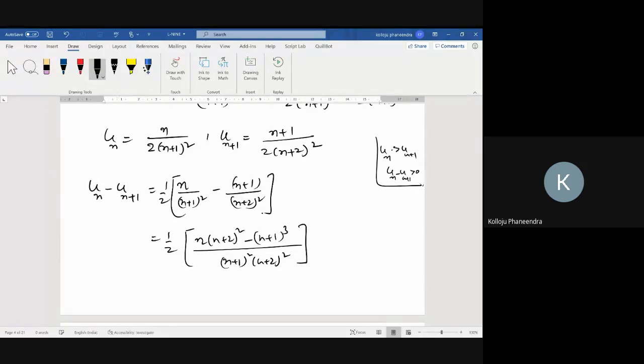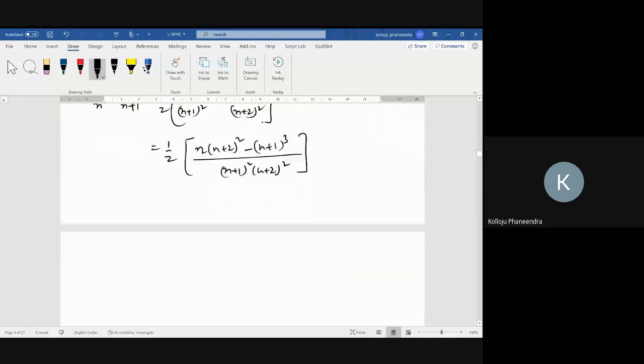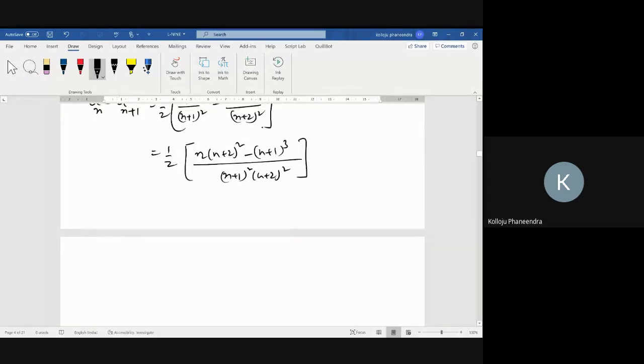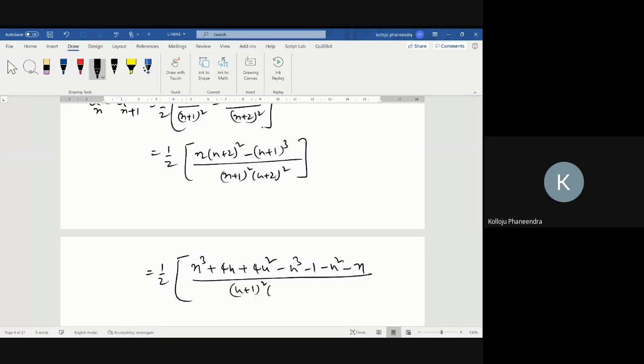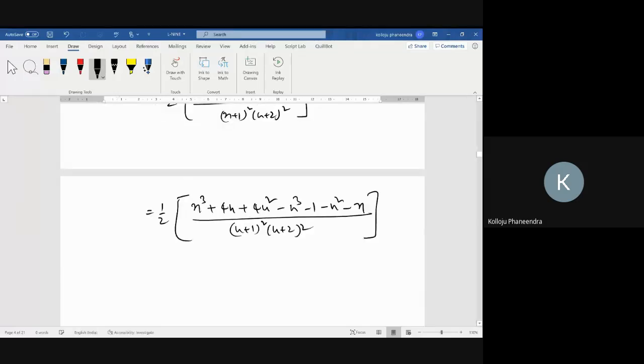Let me expand this. This becomes n cube plus 4n square plus 4n minus n cube minus 3n square minus 3n minus 1, whole by (n plus 1) whole square, (n plus 2) whole square.